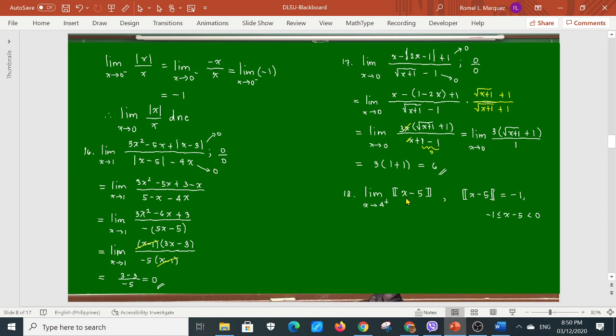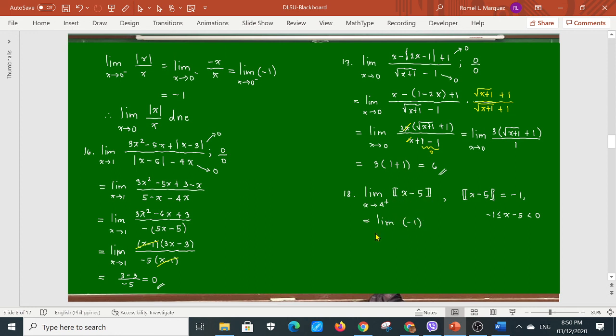Oy, guys. Pag 4 point something ang sinubstitute nyo, ano yung 4 point something minus 5? Negative something. Is that correct? Pag negative something, negative 0 point something, 0.8, so that is negative what? Negative 1, right? So I can write that as limit of negative 1.